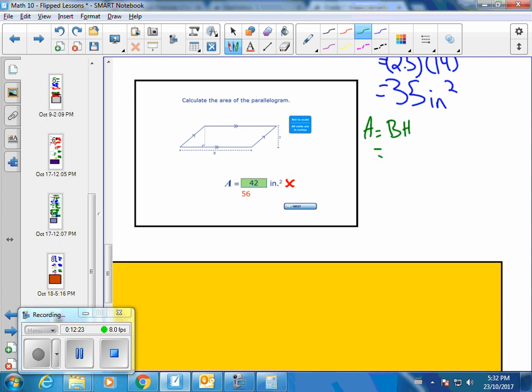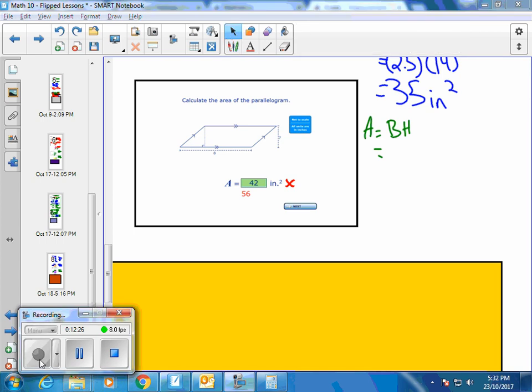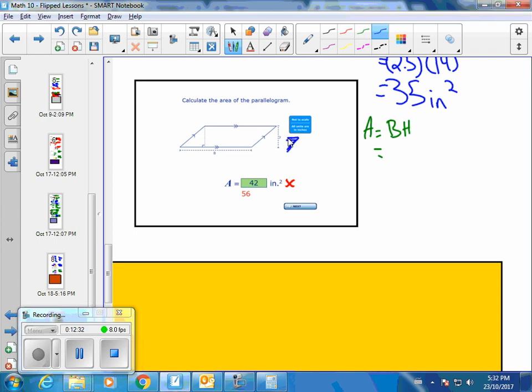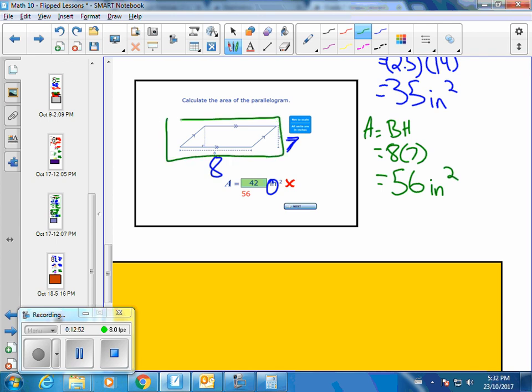So we have to once again rewrite some numbers in here since they're a little hard to read. Over here we've got a 7, and down here we have an 8. Looks like we're using inches as our unit. So if we head back over to our formula, I'm going to punch in 8 times 7, which gives me 56 inches squared.